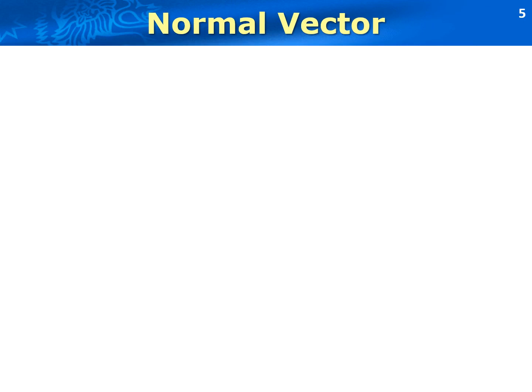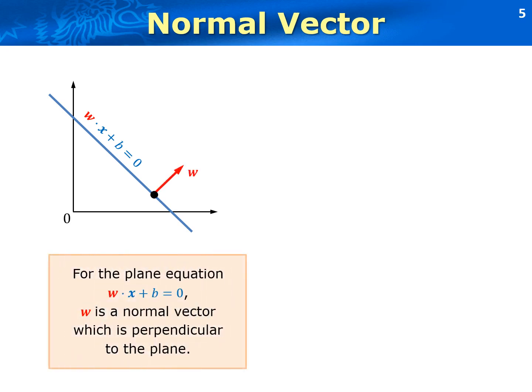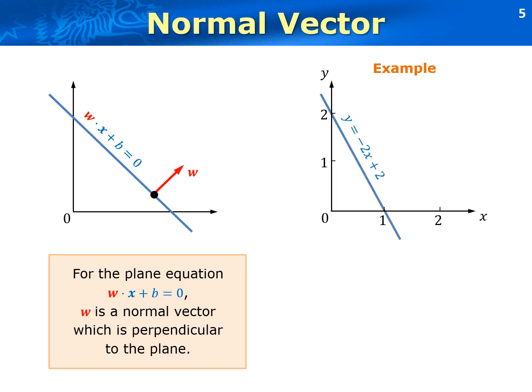Given a straight line in 2 dimensions or a plane in 3 dimensions, we can represent it in a vector form w times x plus b equals 0. Here, w is a norm vector which is perpendicular to the plane. For example, given a straight line y equals minus 2 times x plus 2, to get its norm vector w, we first rearrange the terms as 2x plus y minus 2 equals 0.